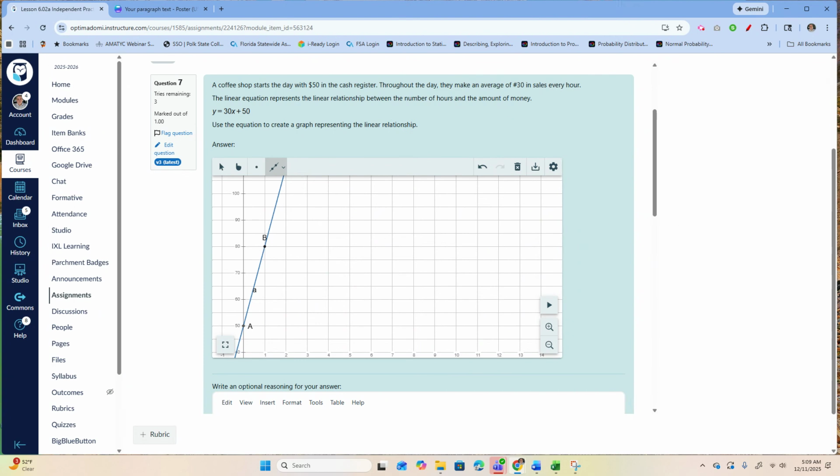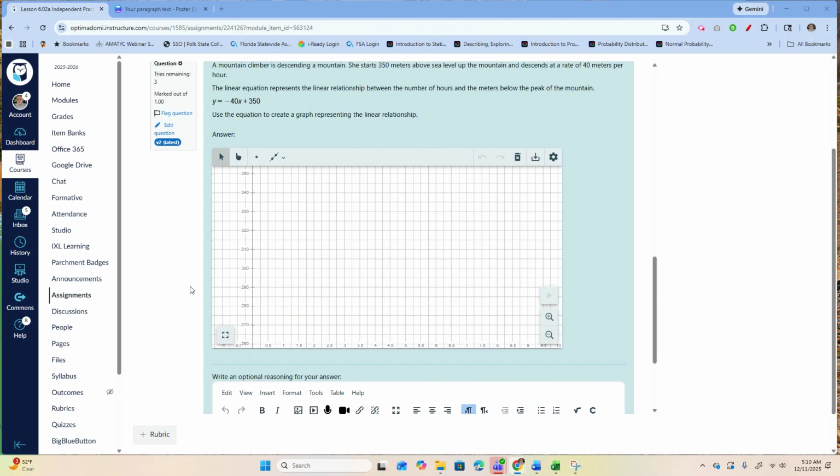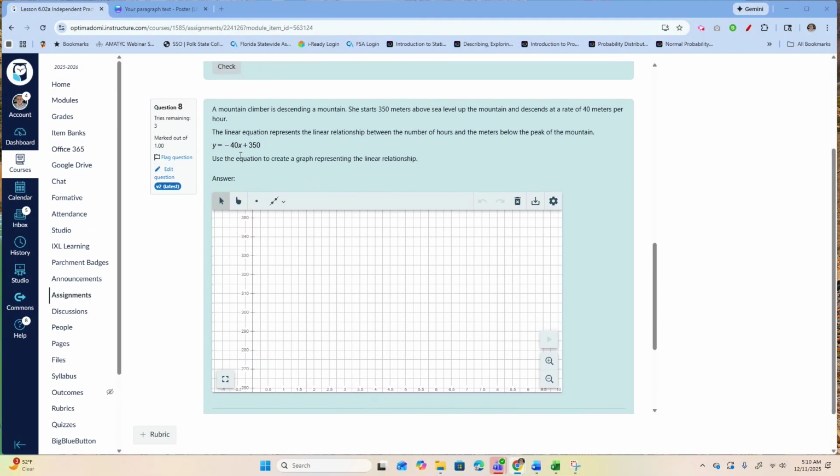Let's do the last one. Same idea as the previous one. Here we go. They gave us the equation y equal -40x plus 350. That looks like y equal mx plus b. So I'm going to start with the y-intercept, which is 350. So I'm going to put a point on the y-axis on 350, right around here.